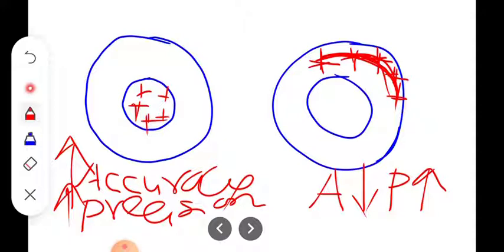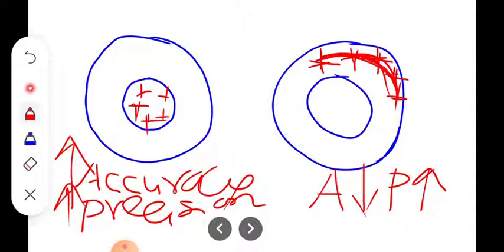So from this we understand that in order to obtain higher accuracy, we have to target all the arrows in the bull's eye, which shows the accuracy of the archer.